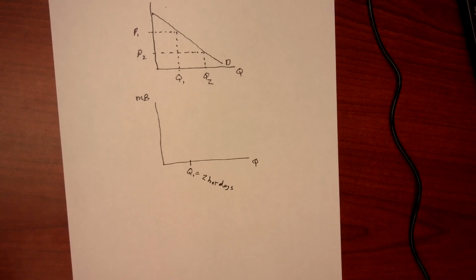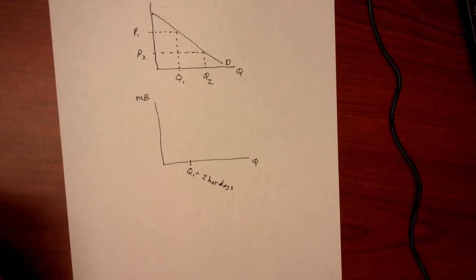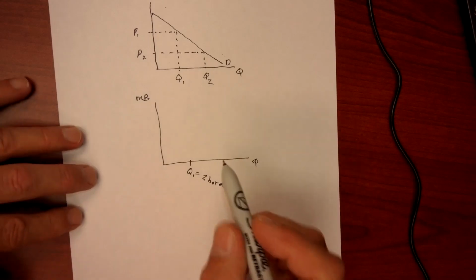In other words, what does the price have to be to give me the incentive to purchase that second hot dog? Well, the price can be no higher than the amount of enjoyment I get from that second hot dog. In other words, the price can be no higher than the amount of benefit I get from that second hot dog. As long as the price is no higher than that, I will buy that second hot dog.